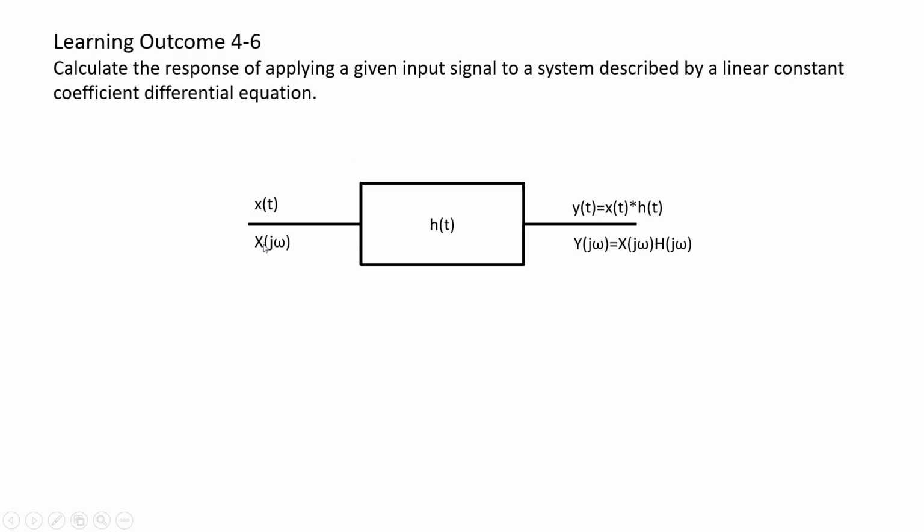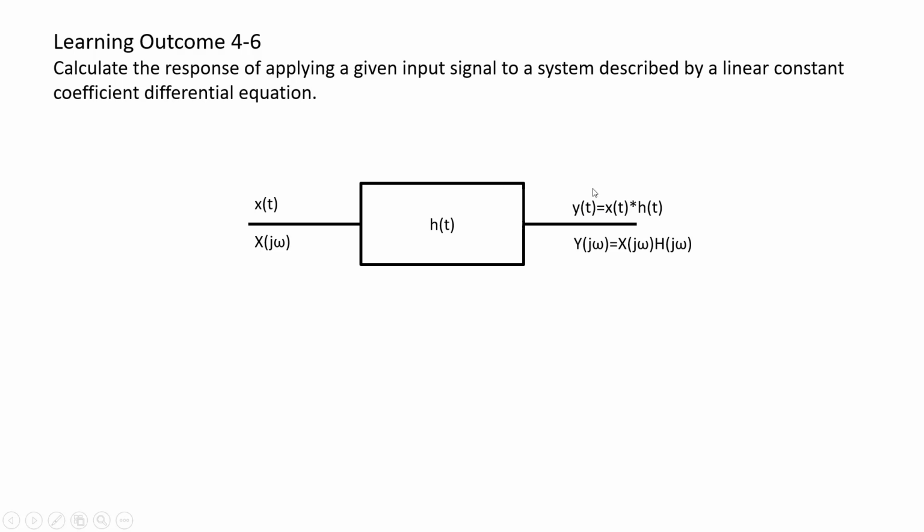In Chapter 4, we started talking about Fourier transforms, where our input signal, x of t, could also be represented in the frequency domain by the Fourier transform of x of t, x of j omega. And our output y of t could be represented in the frequency domain by y of j omega, the Fourier transform of y of t.